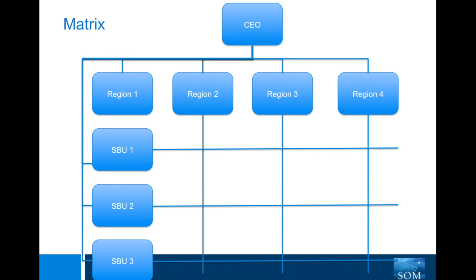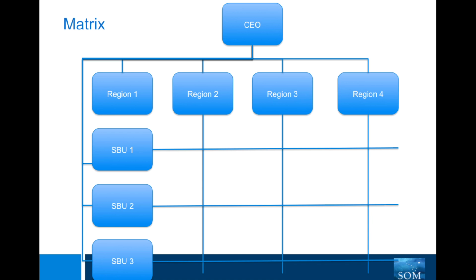Then you have the matrixed organization. Unlike a bureaucracy where there's a clear chain of command, where you know directly who you report to, in a matrix you will have two managers. Oftentimes it's by geography and product or by function and product, but essentially you have two people you're reporting to, which can obscure the chain of command and get rid of unity of command, which can be a bit confusing for some employees.